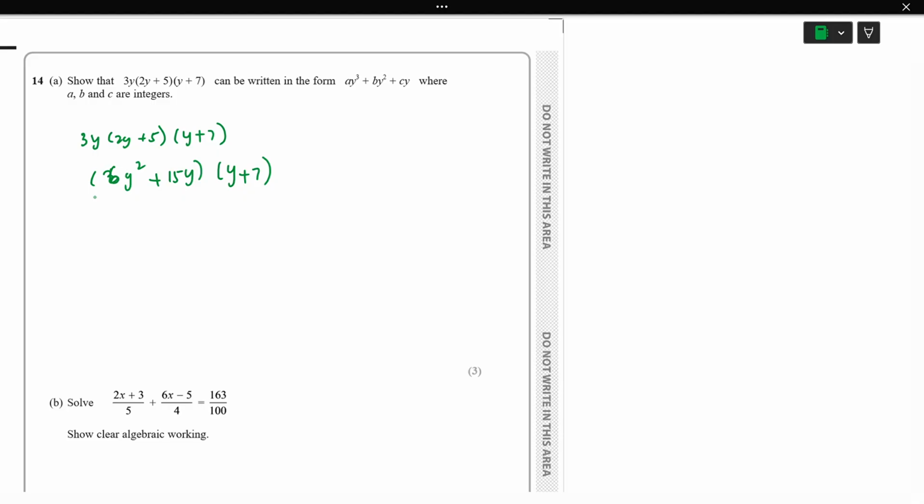Again I expand this: 6y cubed plus 42y squared, then 15y squared plus 105y. Simplifying, 42 plus 15 is 57, so 6y cubed plus 57y squared plus 105y. This is the final answer in the form ay cubed plus by squared plus cy.